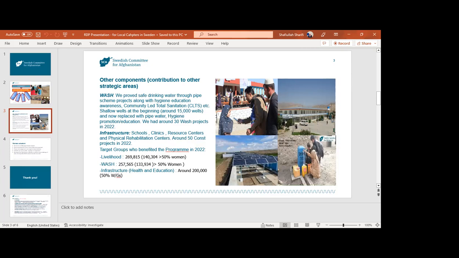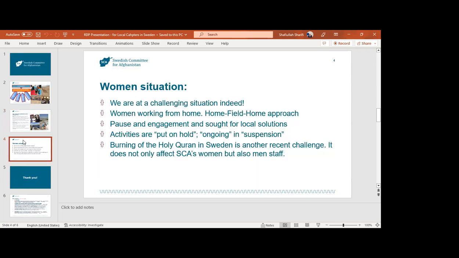The same target groups benefited from the projects in WASH, also more than 50% women. And the same in health clinics and education in schools. So these were the people who benefited from the projects last year.